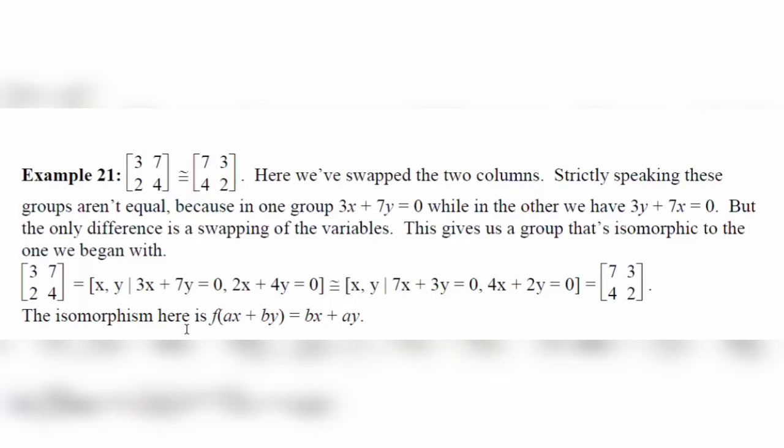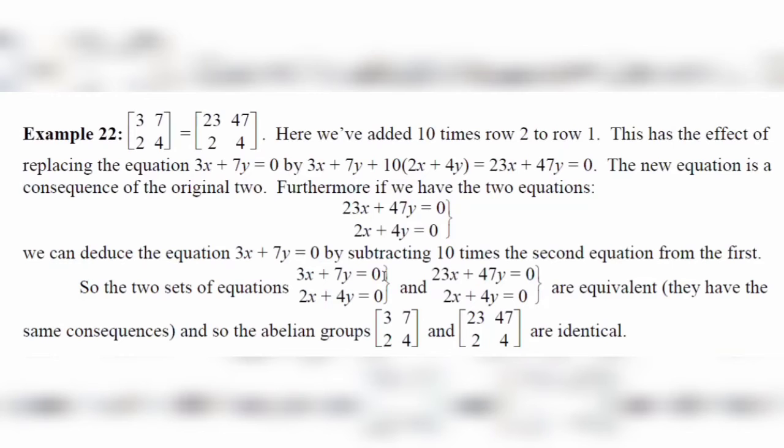We can define it as a simple equation, which is given by swapping the columns, and we get this relation. The next example is 3, 2, 7, 4 becoming 23, 2, 47, 4. What we have done here is add 10 times row 2 to row 1.